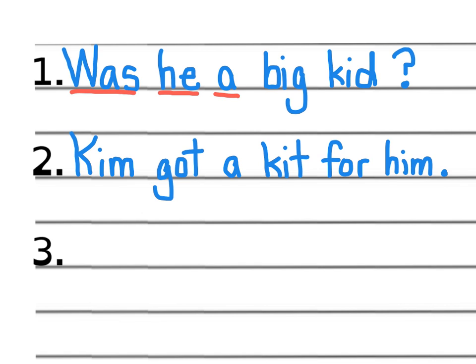And I'm going to go back and think about my red words. We know A is a red word, and we know for is a red word. All right, and hopefully you capitalized Kim for two reasons: beginning of a sentence, and it's a name, and you remembered your end mark and spaces.